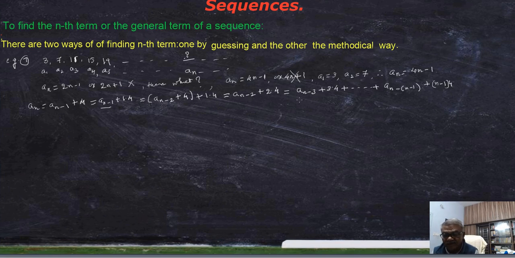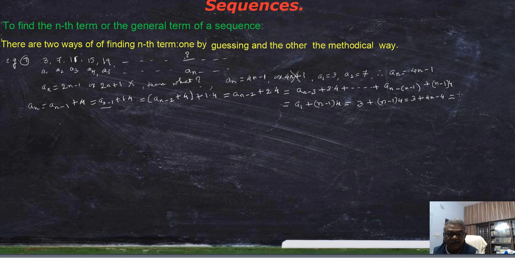And what is this? an minus (n minus 1) means a1 plus (n minus 1) into 4. a1 is 3 plus (n minus 1) into 4, that is going to be 3 plus 4n minus 4.